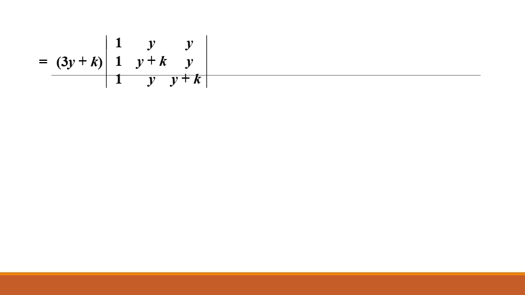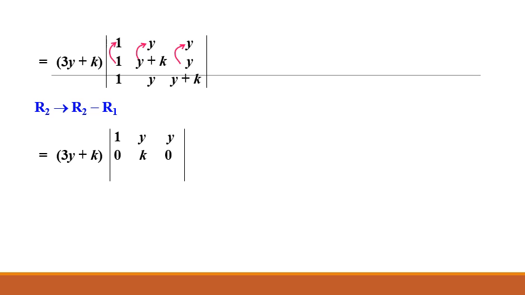Next, similarly apply the properties on rows. Try to fix the first row as it is and convert the elements of R2 and R3 into 0. So we will apply the property R2 implies R2 minus R1. The first row elements will remain as it is. The second row element will change to 0, k and 0.